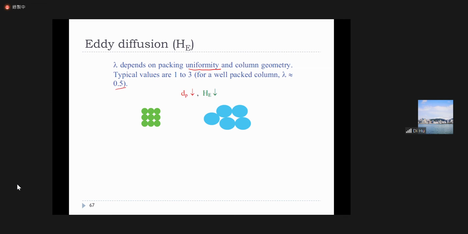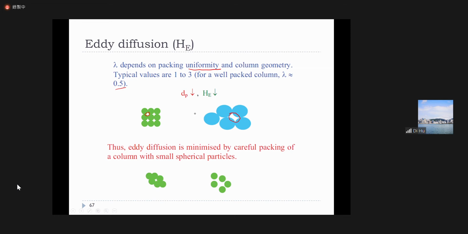And we can see that bigger particles have larger gap space in between, and smaller particles have smaller spacing between the two particles. That's why smaller dp means smaller eddy diffusion, okay? Therefore we can minimize this contribution by careful packing of the column with small spherical particles. Okay, so the first term is done.